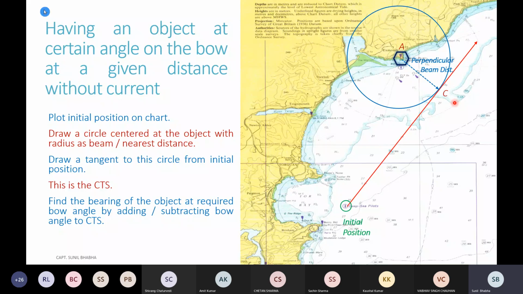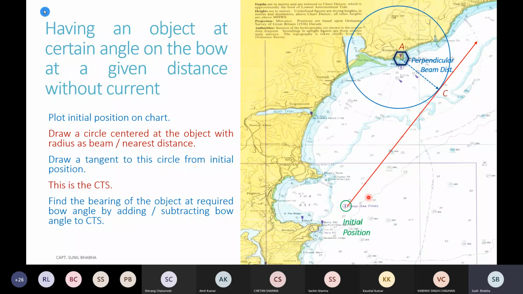Now we can align our parallel ruler to the course steered line, transfer it to a compass rose, and you can read off what course you need to steer to have this lighthouse at a certain angle on the bow at the given distance. Once the CTS is known, we have the bow angle known to us.